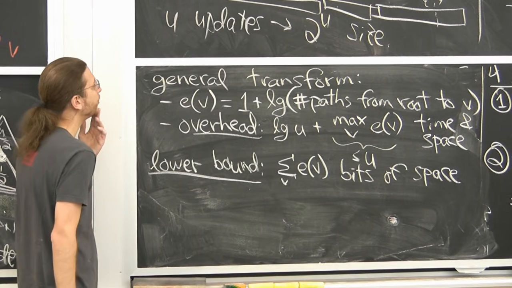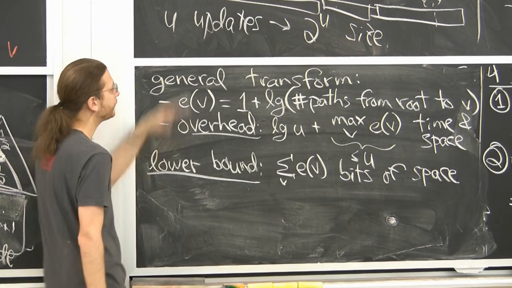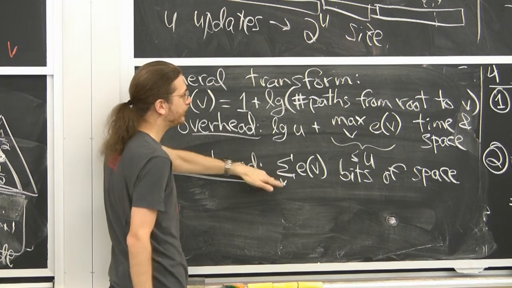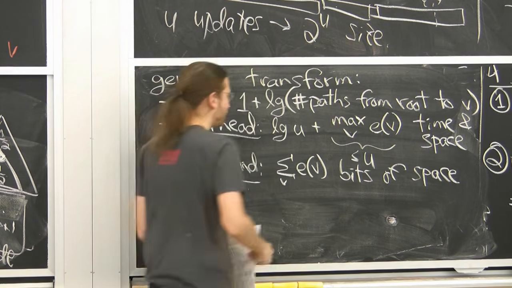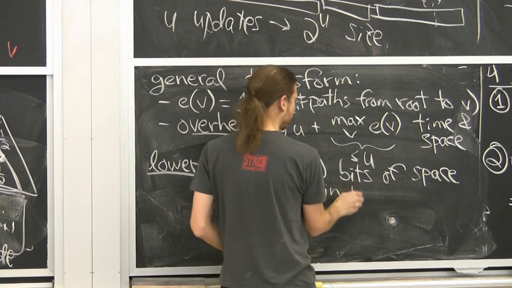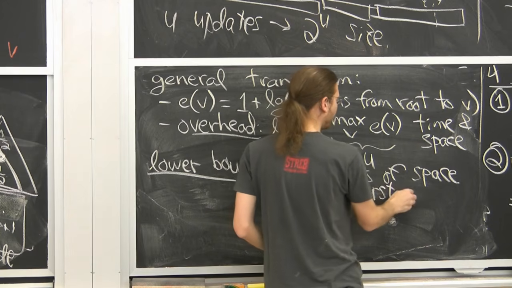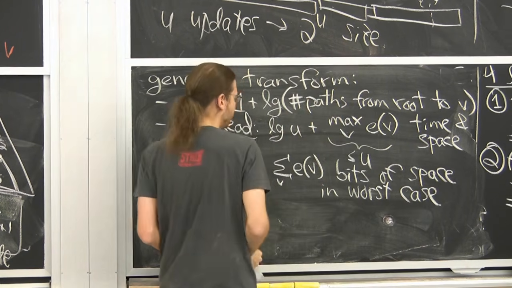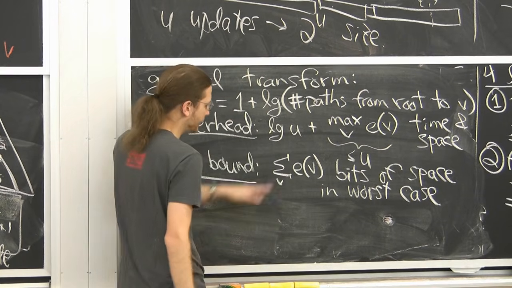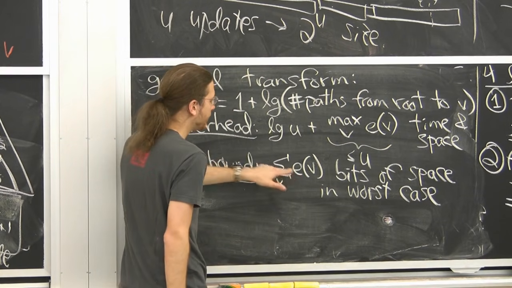What does this mean? Even if this is not happening, the number of bits of space you need, in the worst case, this does not apply to every data structure. That's one catch. They give a specific data structure where you need this much space. So it's similar to this kind of picture. Won't go into the details. And you need this much space.